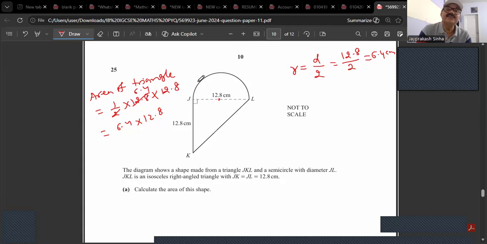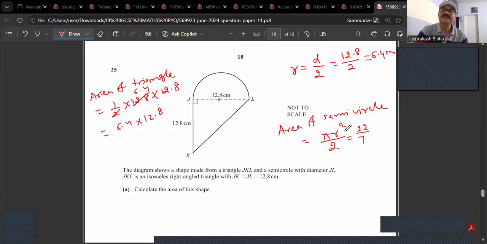Now we can find the area of this semicircle also. The area of a circle is pi r square and the area of the semicircle is half pi r square. Area of semicircle is equal to pi r square by 2. Pi is equal to 22 upon 7, r is equal to 6.4, square, divided by 2.